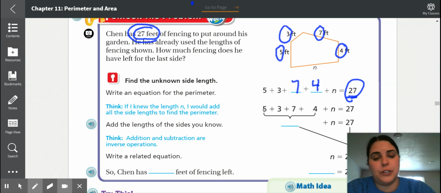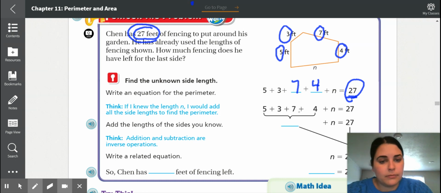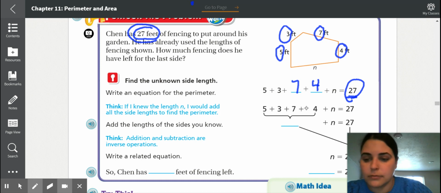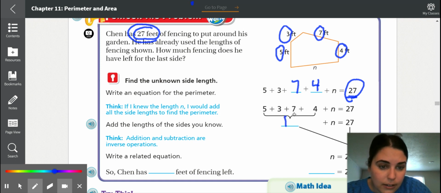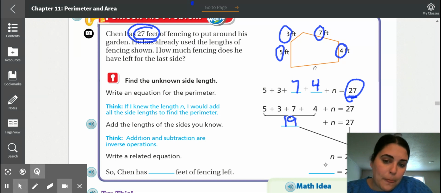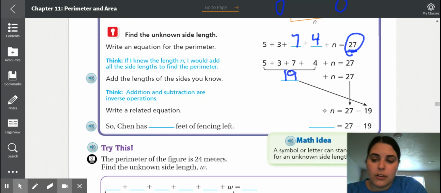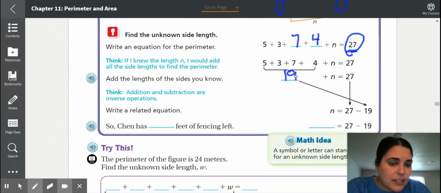So add up the numbers that we do have. 5 plus 3 plus 7 plus 4. Okay, take a minute to add those numbers. And if you got 19, then that is correct. So we are halfway there. We know that 19 is the sum of all of the sides that we do have.